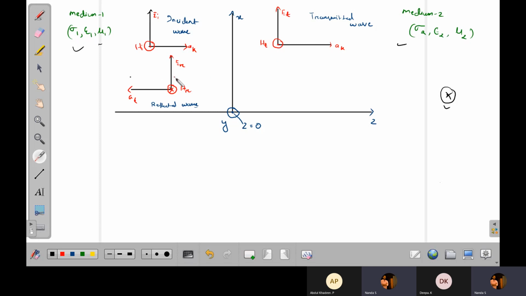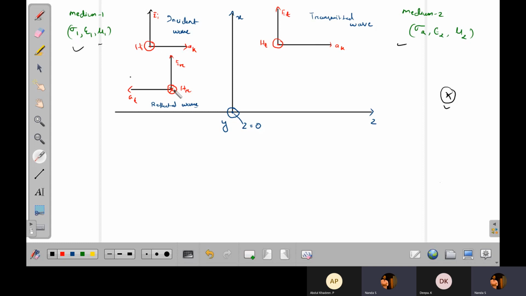Now for the part of the wave that is reflected back, some changes are happening. The wave was coming like this and reflected back like this. So in this way, what happens? The E field was oriented in the X direction, or the vertical direction, and it stays the same. But the reflected magnetic field component, what happens?